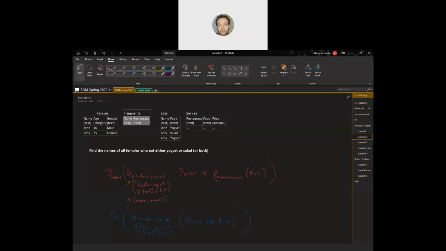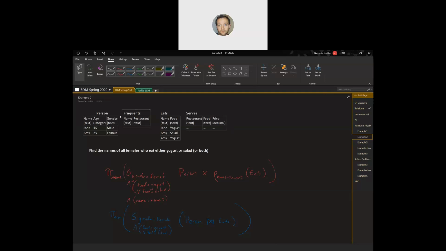Okay. So here we want to find all the names, or the names of all females who eat either yogurt or salad or both. And this is the same OR operator that you learned in Python. It's the logical OR.